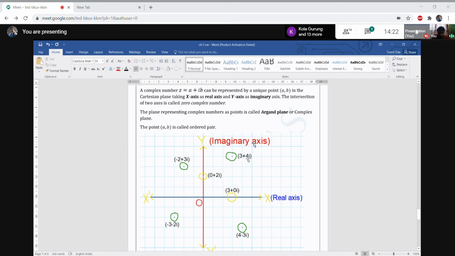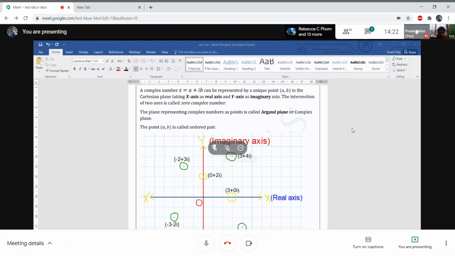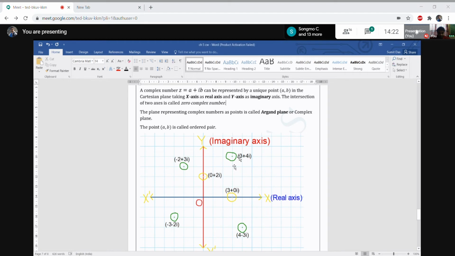So we'll plot (3, 4) like this: 1, 2, 3 on the real axis, and 1, 2, 3, 4 on the imaginary axis. As simple as that. Whenever we get a complex number, we will write it in (a, b) form. This is called an ordered pair. We'll write it in ordered pair form, and then we'll plot.